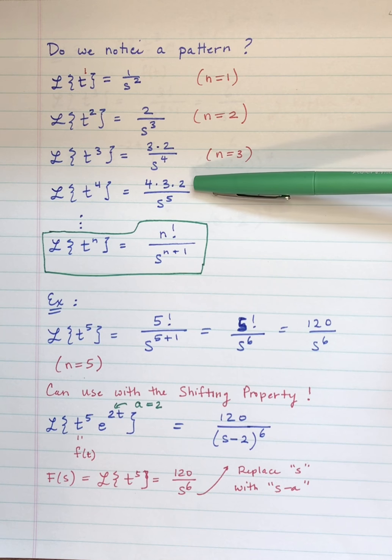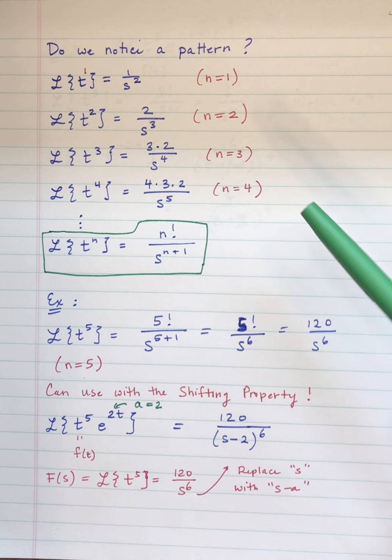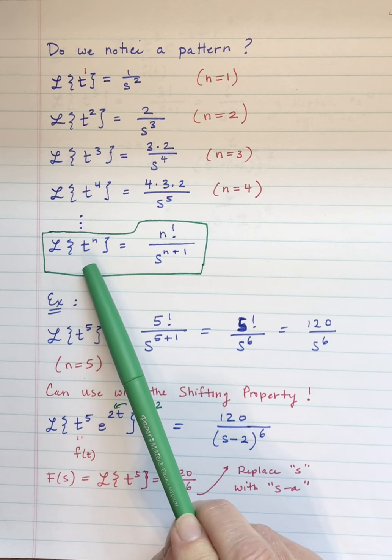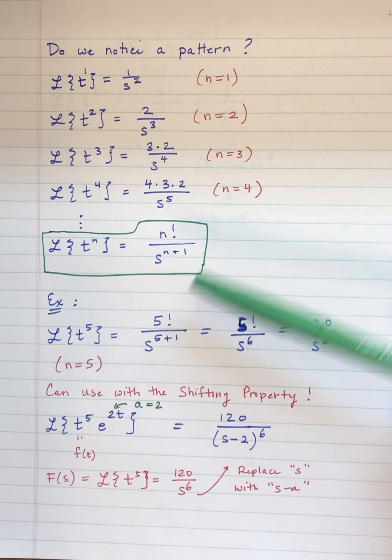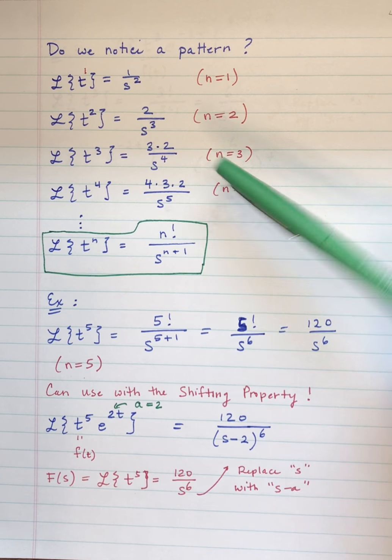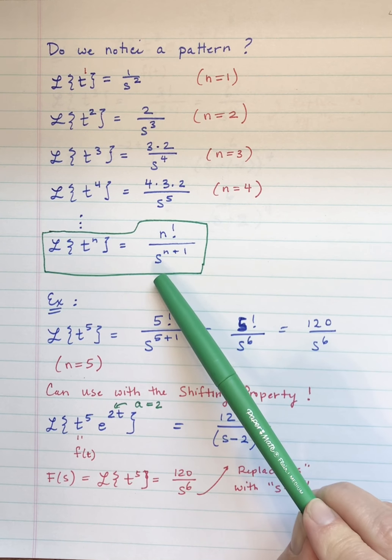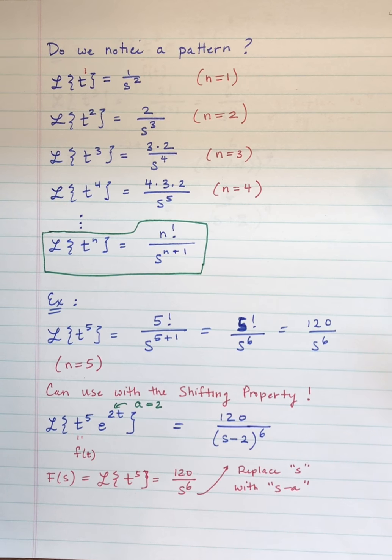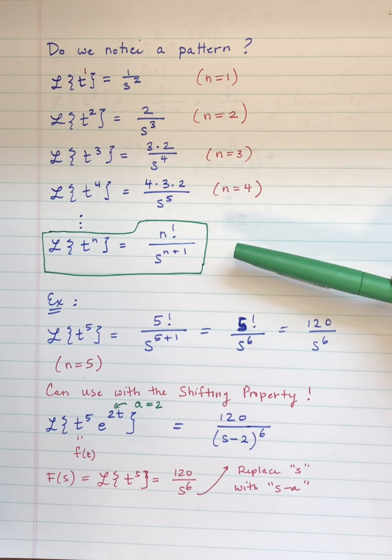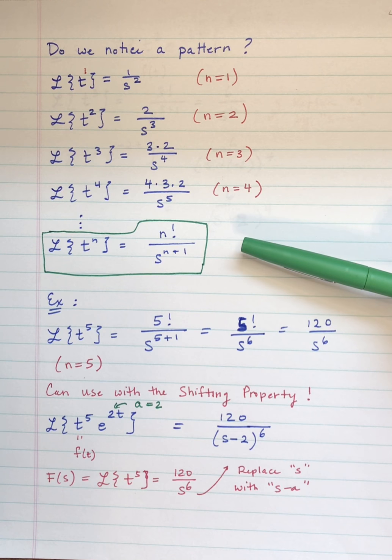This is 4 times 3 times 2 times 1. So in general, the Laplace transform of t to the nth power is given by n factorial, whatever the power of t is, over s to the n plus 1 power. So you don't have to use that property, we just have the formula, and it's in the table of Laplace transforms that we have in the book and that I have in folio.